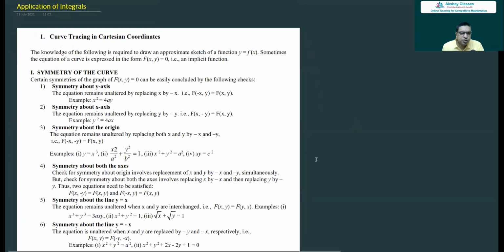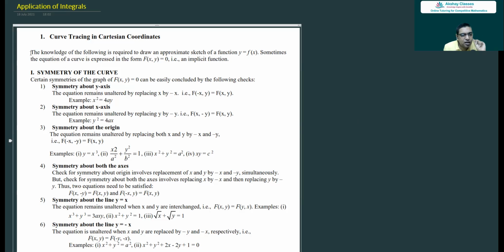So the first aspect of tracing a curve is its symmetry. Sometimes the curves are not functions. We have to remember that curves may not be functions. So how to trace a curve? First of all, we will write the equation of the curve in this manner.